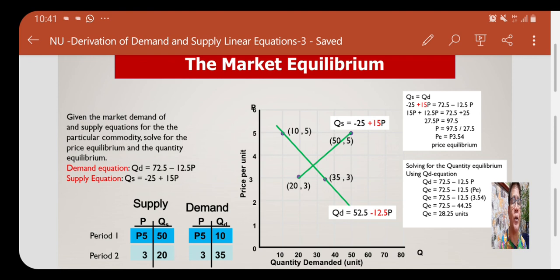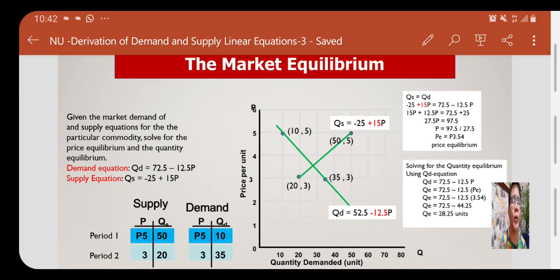And for solving the quantity equilibrium, we can use either the supply equation or the demand equation as our reference equation. Let us this time make use of the demand equation. So by using the demand equation, we have QD is equal to 72.5 minus 12.5P. And substituting the price equilibrium to the P of the demand equation, we have QD equal to 72.5 minus 12.5 times the price equilibrium.